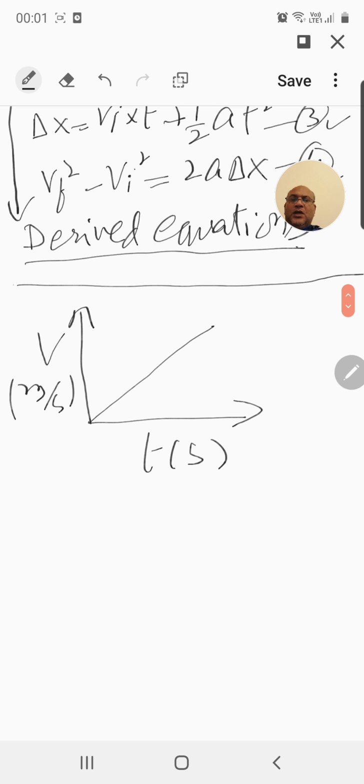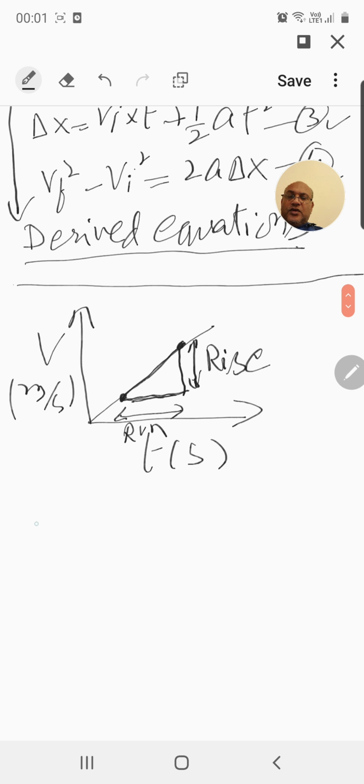Okay, so now how do you calculate acceleration? Well, you calculate acceleration by calculating the slope of this graph. So I choose any 2 points here, and I then draw a right angle triangle, and I divide this part, which is called rise, by this part, which is called run.